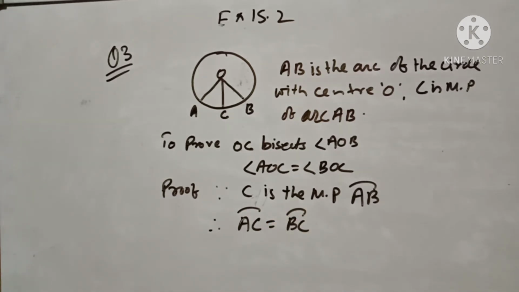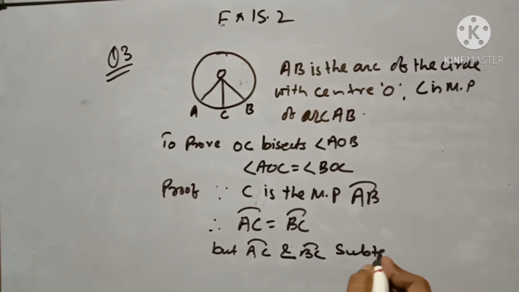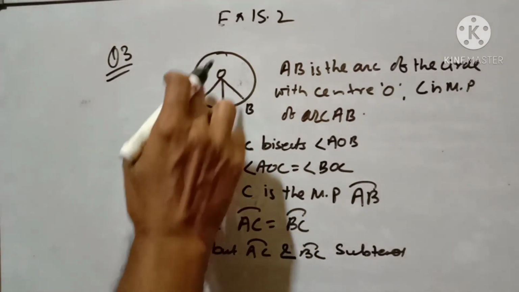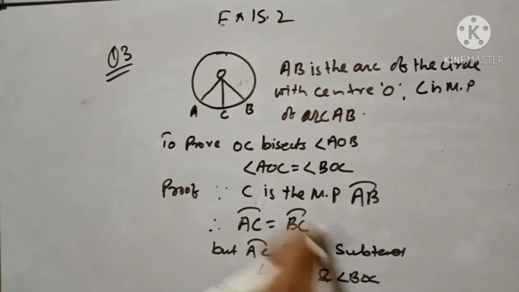But arc AC and arc BC subtend angle AOC and angle BOC, because it is subtended. Where is it subtending?